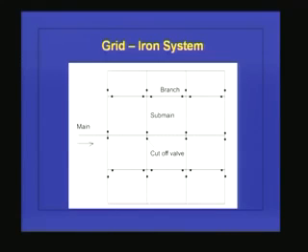The other type of system is what we call a gridiron system. In the gridiron system you have a main, and this main gets branched off into sub-mains, like a sub-main here, here, and here, and a sub-main gets branched off into a branch line.